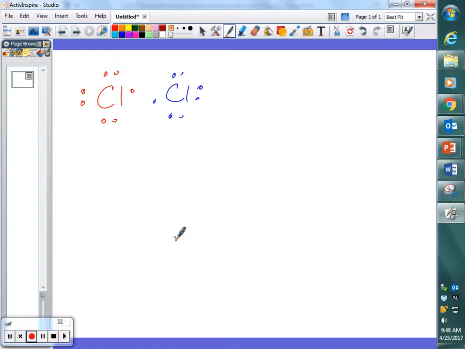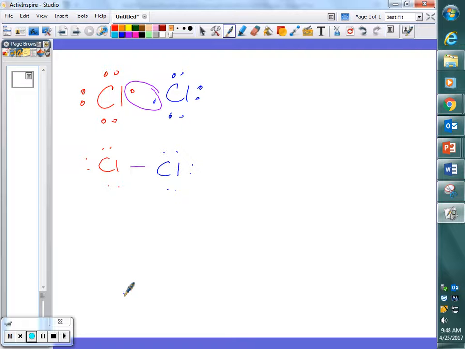Gain 1, right? And so we share this pair of electrons right here, and if we wanted to, we could replace that pair of electrons with a line to represent the sharing, and we look like that, right? That is a diatomic chlorine molecule. Okay? Good there? All right.